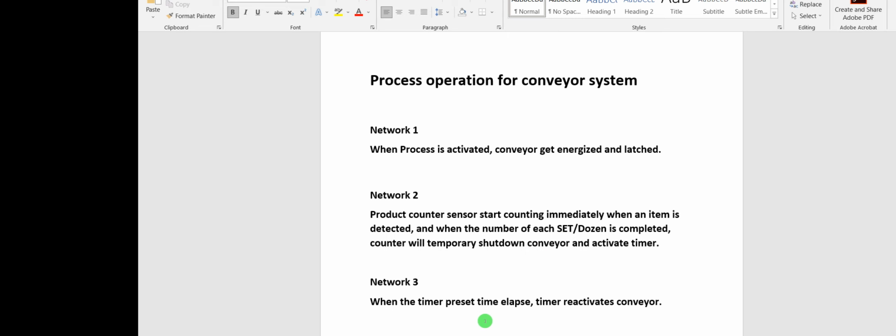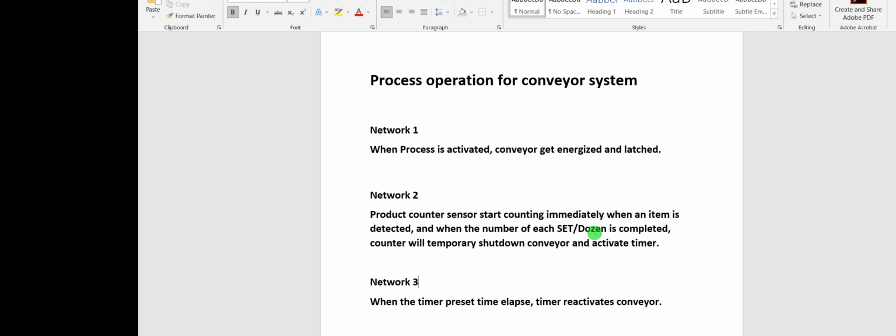In that network 4, we're going to introduce another counter to count the total number of finished products produced per each operation or per day. That counting will start as soon as you initiate the operation, so it's going to be a cumulative finished product count. Meanwhile, this particular one is going to count only per set. It's going to be counting per dozen.